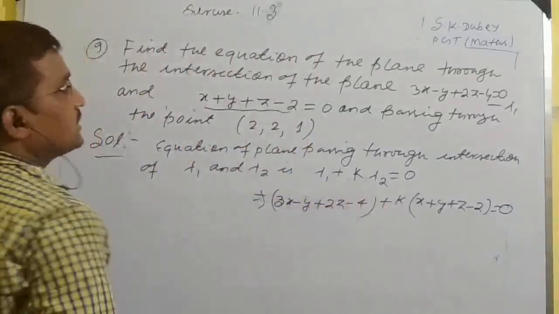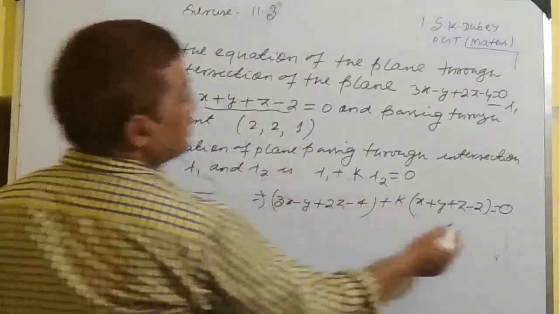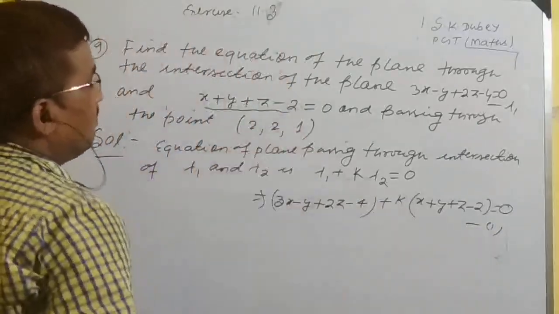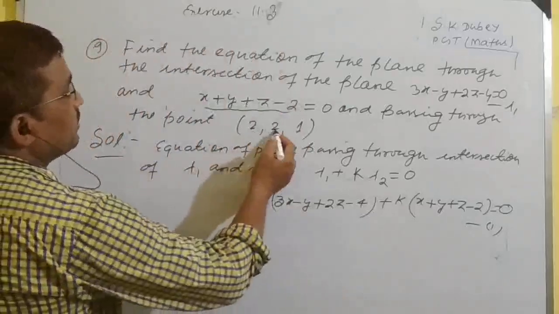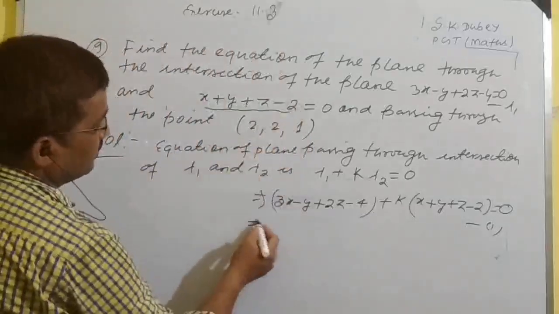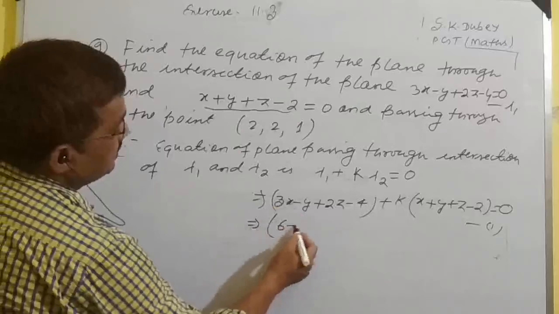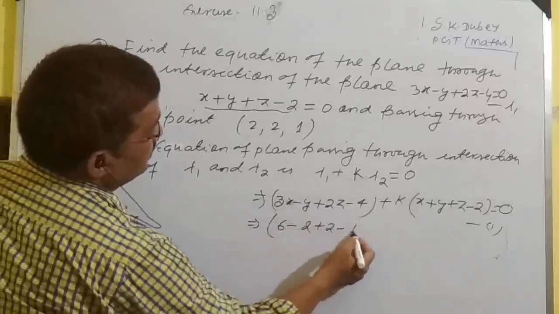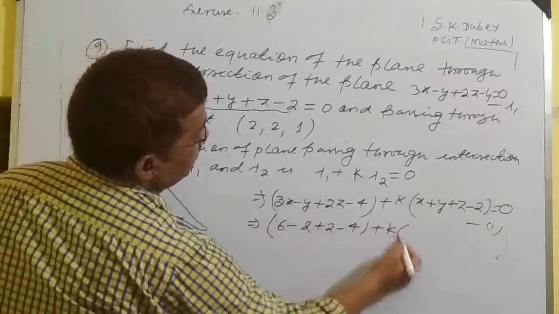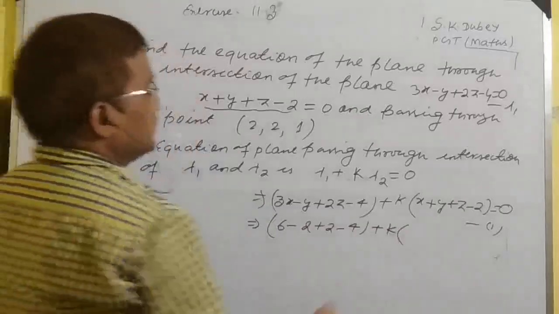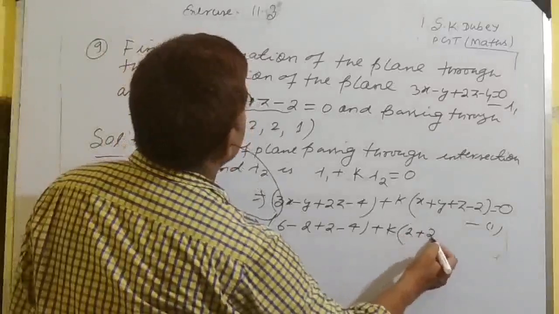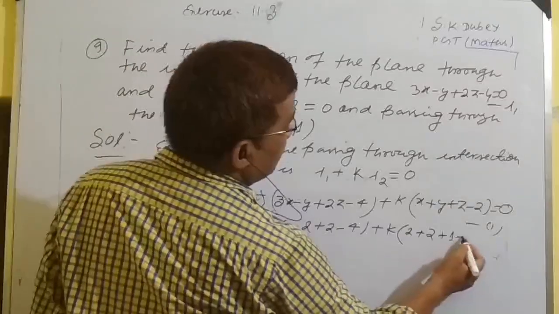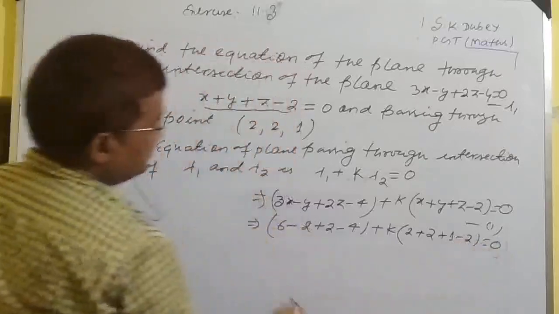Now this plane 1 passes through the point (2, 2, 1). By putting x equal to 2, y equal to 2, z equal to 1 here, we can get 6 minus 2 plus 2 minus 4 plus k into (x is 2, plus 2, y is 2 and z is 1, minus 2) is equal to 0.